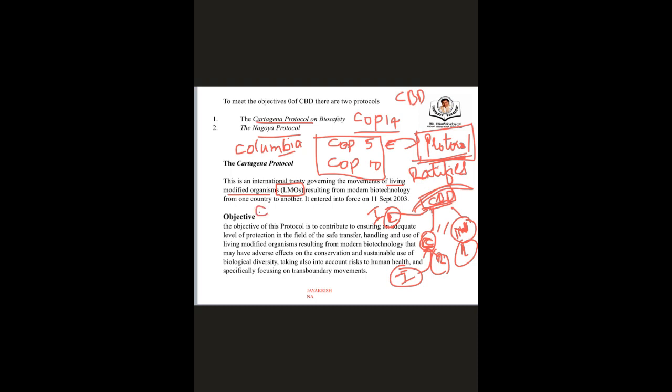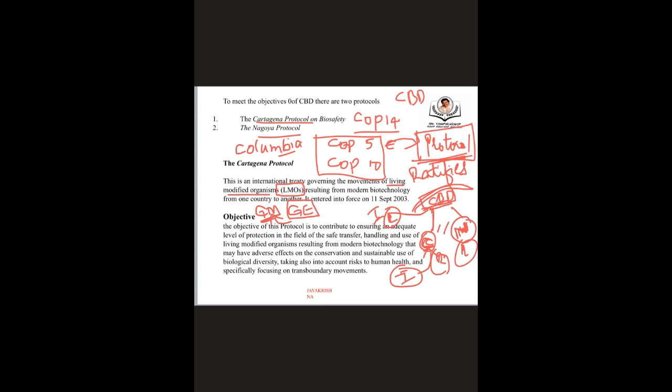In modern biotechnology, there is a concept called genetic engineering. What is genetic engineering? Genetic engineering produces such products which are called GM products, nothing but genetically modified products.